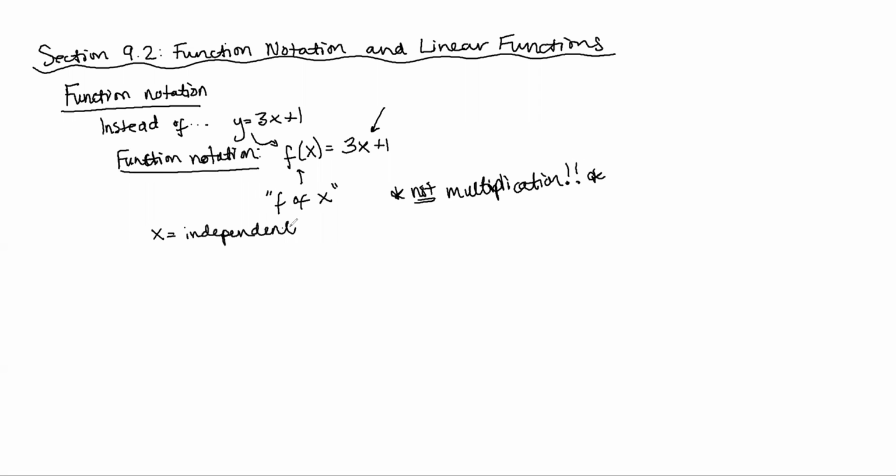That's what we're plugging in, what we're changing the value of most of the time. And y, or f of x, which are exactly the same thing and interchangeable, is the dependent variable. The way to remember that is that f of x, or y, depends on what we plug in for x.